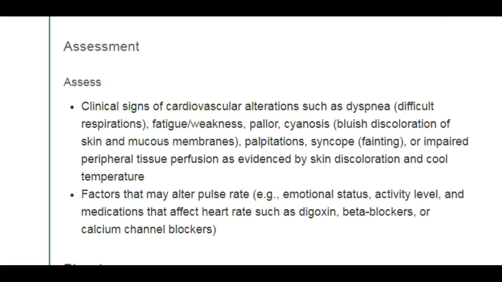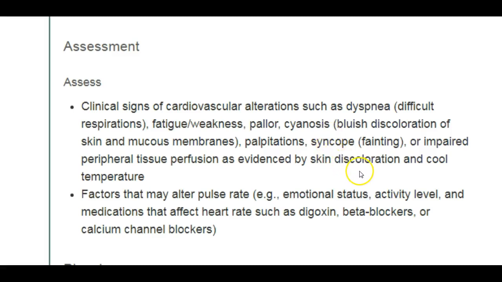So when you're starting to work on your concept map and you're wondering what are signs of cardiovascular alteration? Dyspnea, that's difficulty with respirations, patients having a hard time breathing. Fatigue or weakness. This is all, is their heart pumping good enough? Pallor, and cyanosis, which means a bluish discoloration around their mouth, their mucous membranes, and sometimes their nail beds.